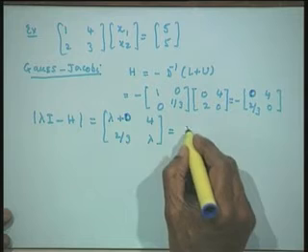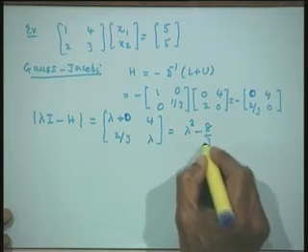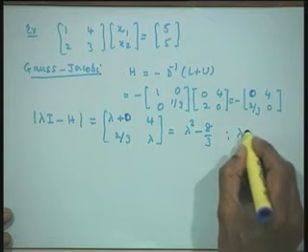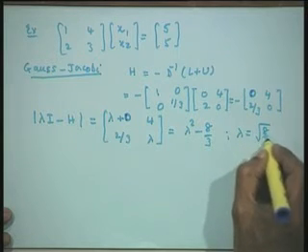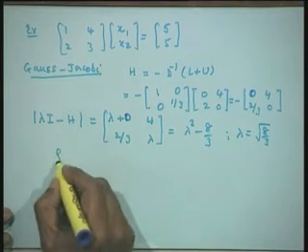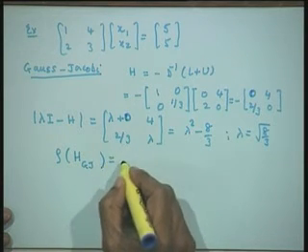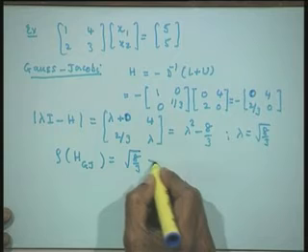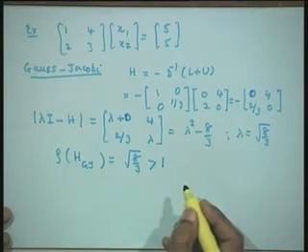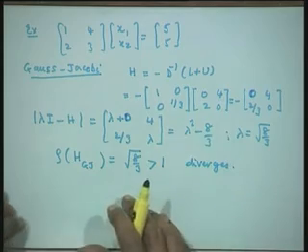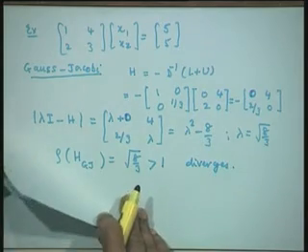So, this is equal to lambda squared minus 8 by 3. Therefore, lambda is equal to plus minus root of 8 by 3. Therefore, spectral radius of H Gauss-Jacobi is root of 8 by 3, greater than 1. This diverges definitely. Therefore, if you apply the Gauss-Jacobi method to solve this system, it is always going to diverge.